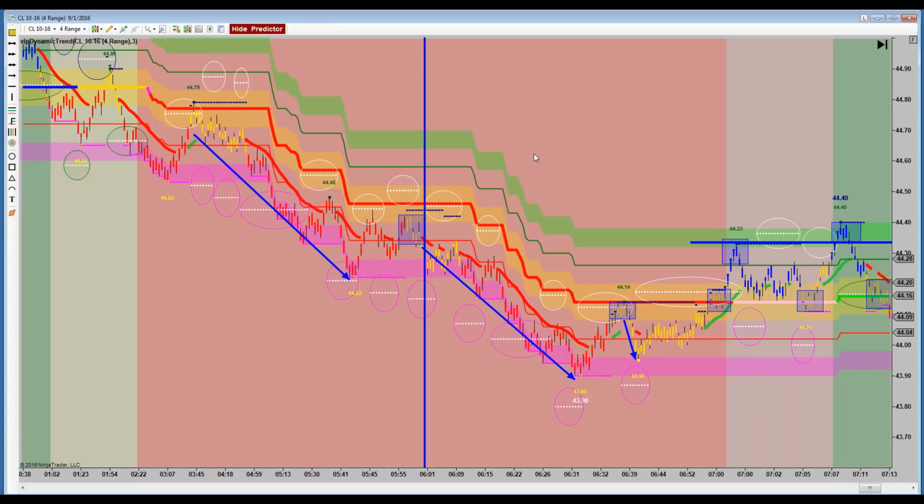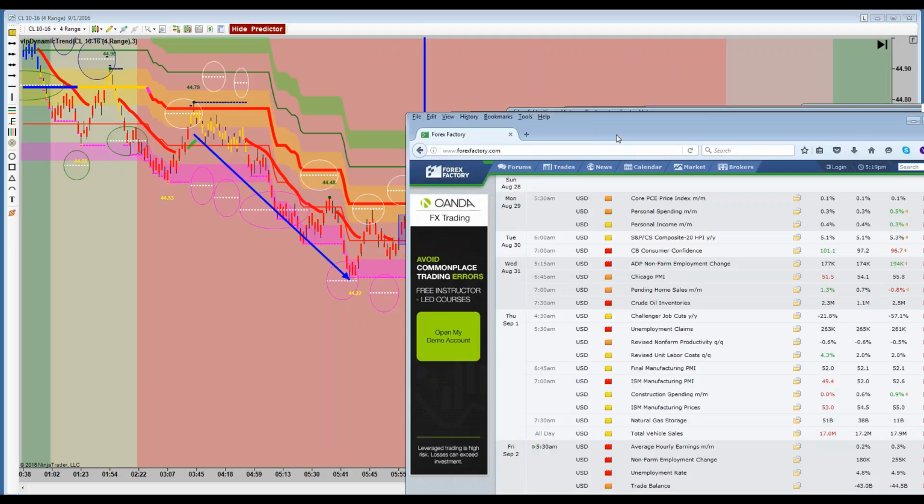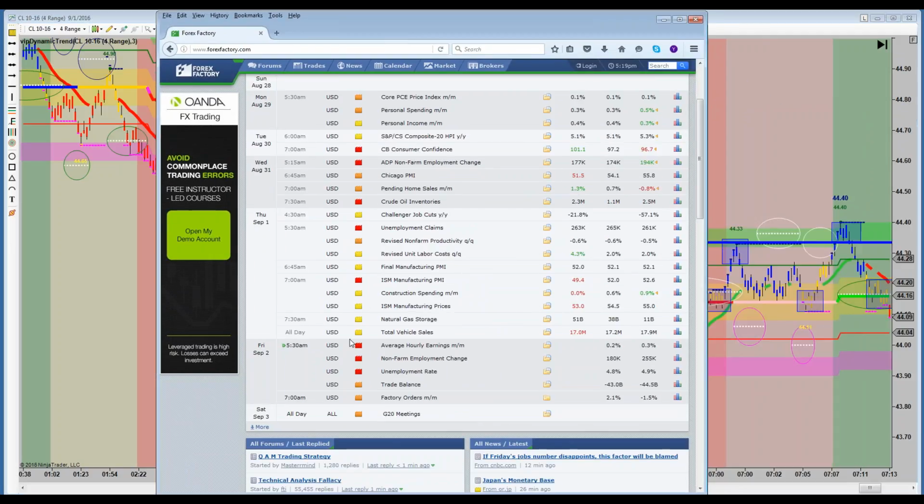I might have the numbers right here. Yeah, here it is. Remember yesterday? Crude oil, 7:30. Expected a build of 1.1. They got a build of 2.3. That's huge bearish.